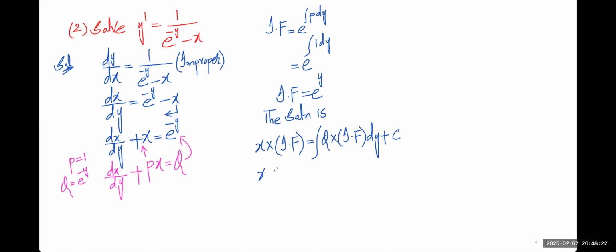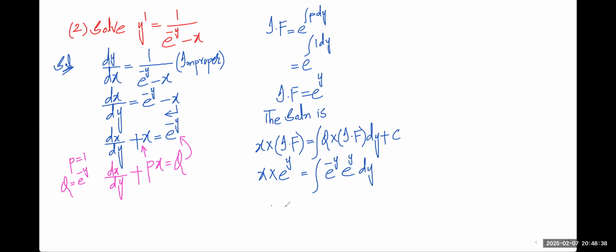So x into e power y is equal to the integral of the Q value, e power minus y, and the integrating factor e power plus y, into dy.